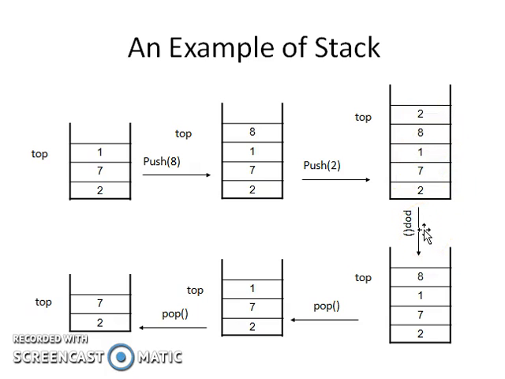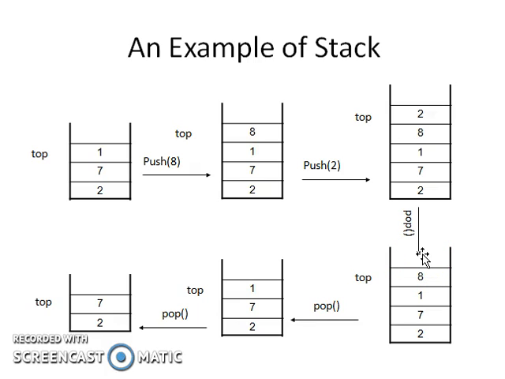Then assume that we would like to delete an element from the stack. Since we know that insertions and deletions can be done only from the top of the stack, the first element that can be taken out of this stack will be at the position top. So the first element that gets deleted from this stack is 2.